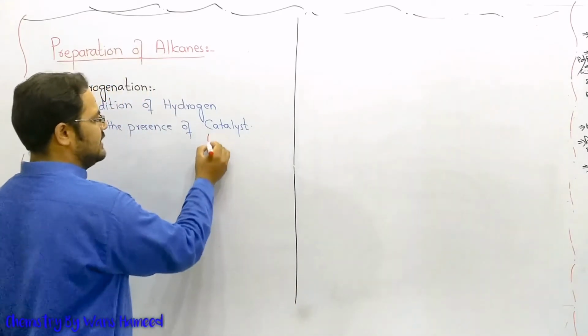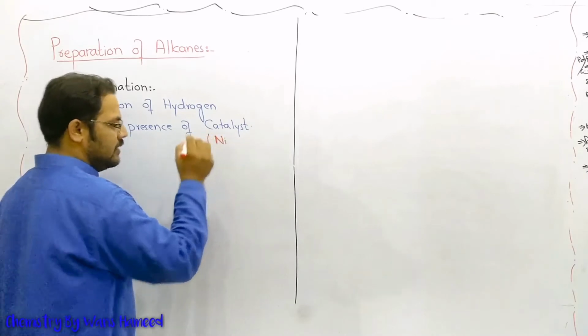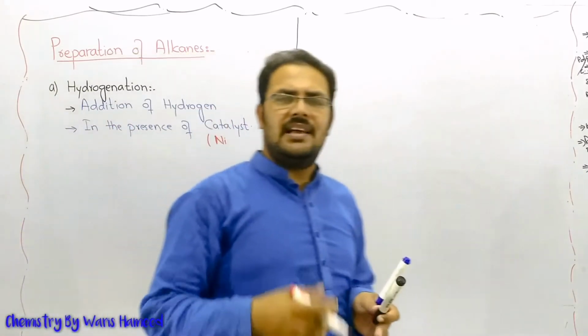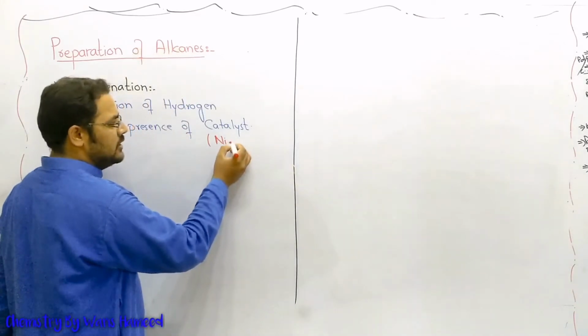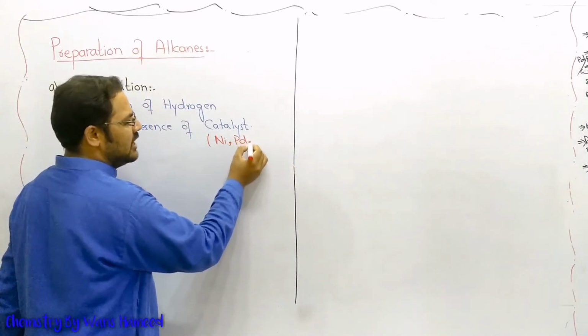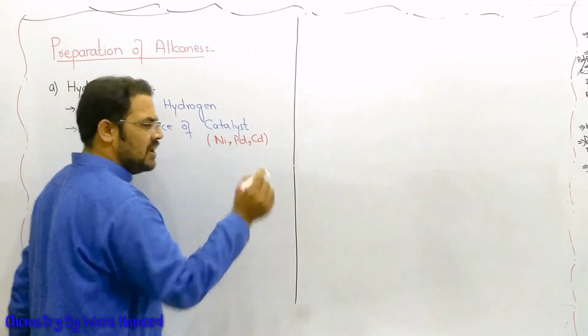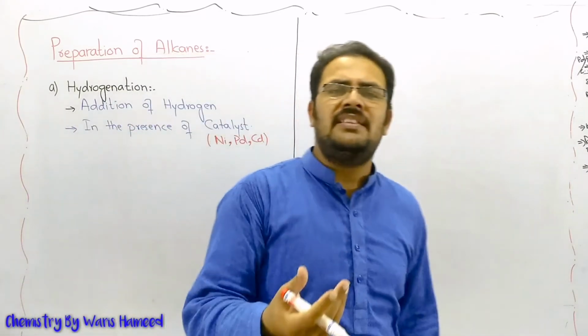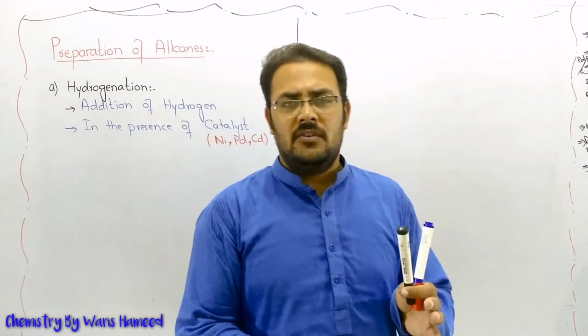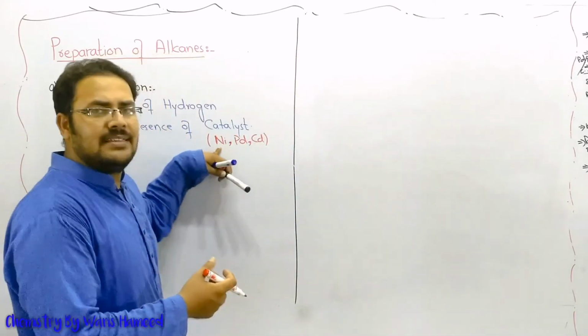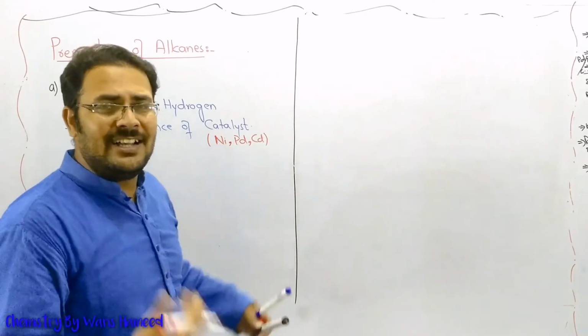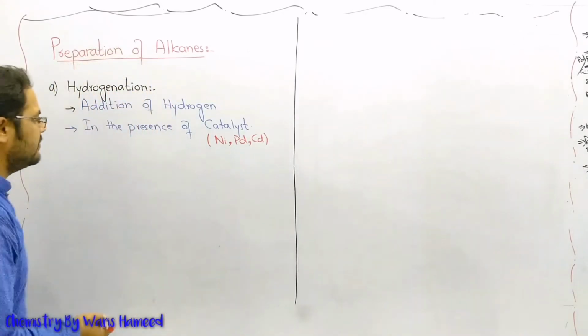The main catalyst is nickel. Why do we use nickel? Because nickel is a cheaper catalyst. Palladium and cadmium are expensive catalysts, but for effective hydrogenation we can also use nickel, though it needs a higher temperature for the reaction.